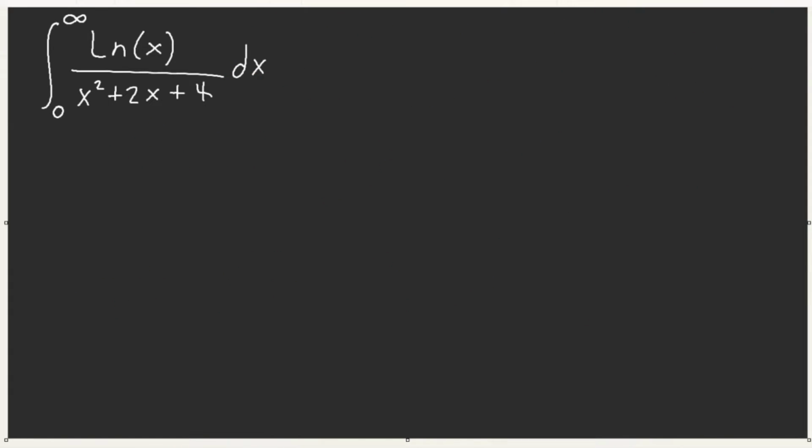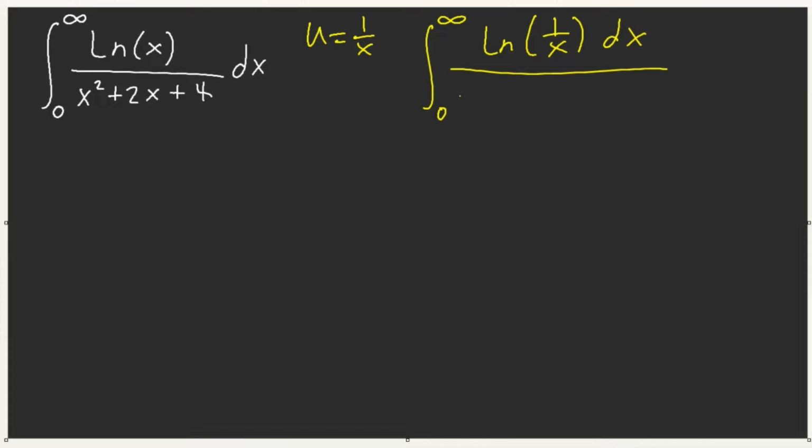Okay, so now we have a logarithm, but then we have a full-out quadratic polynomial. Okay, let's see. Let u equal 1 over x. Then we get ln of 1 over x dx. We have, let's see, 1 over x squared plus 2 over x plus 4 x squared.